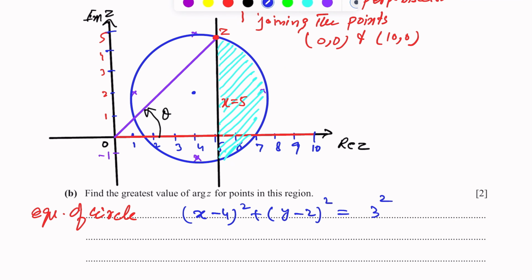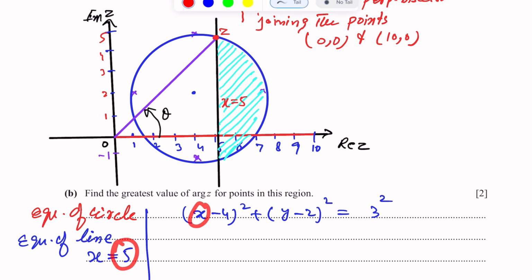And the equation of line is x is equal to 5. Now we will put 5 in place of x.